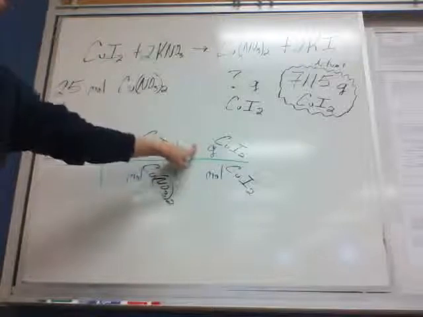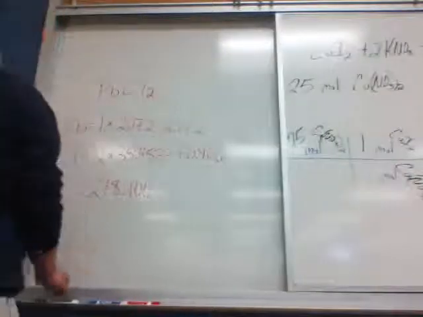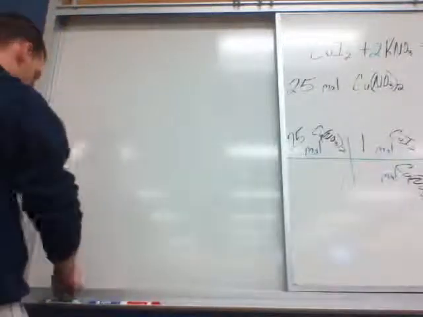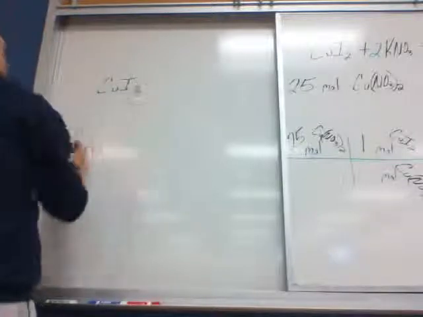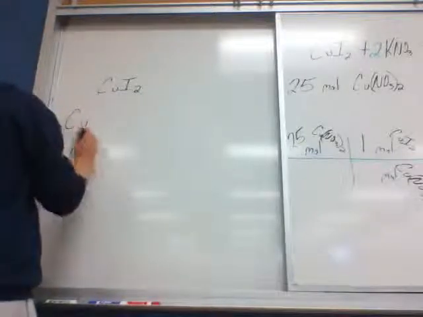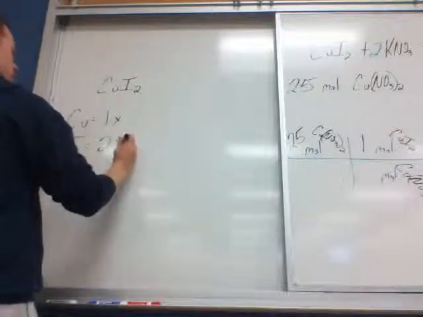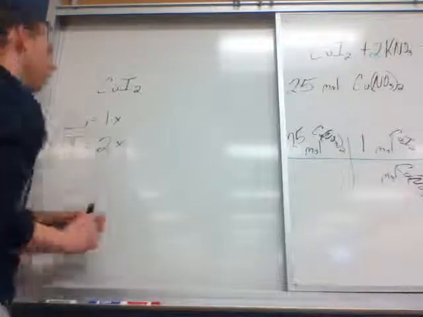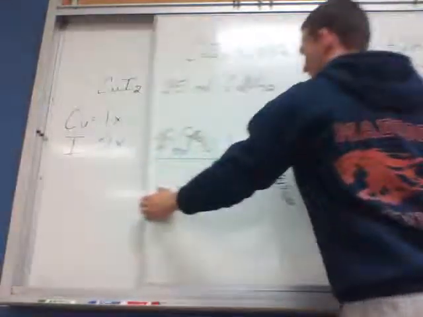To here, it says periodic table. So we need to know the PT mass of CuI2. It's comprised of copper and iodine. There's 1 copper and 2 iodines. Look to your periodic table, and you'll see that copper has a listed mass of 63.546.